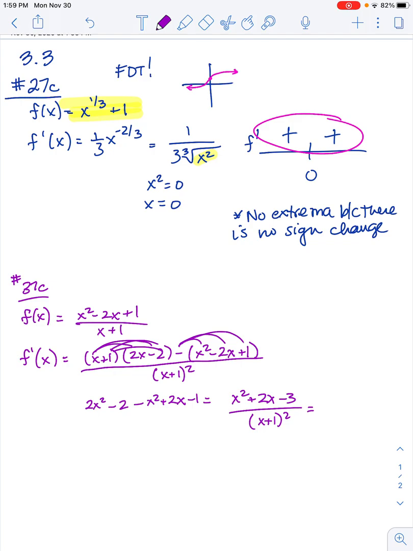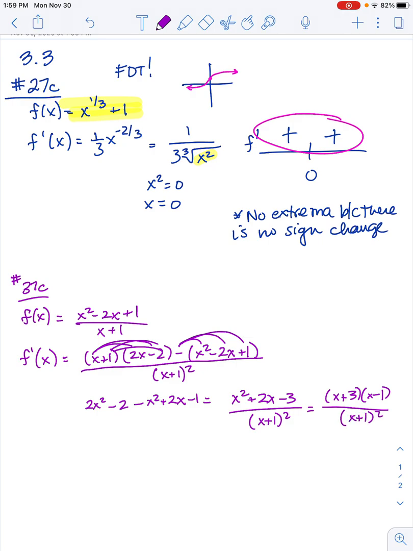And I can keep simplifying this to x plus 3 times x minus 1 all over x plus 1 squared.